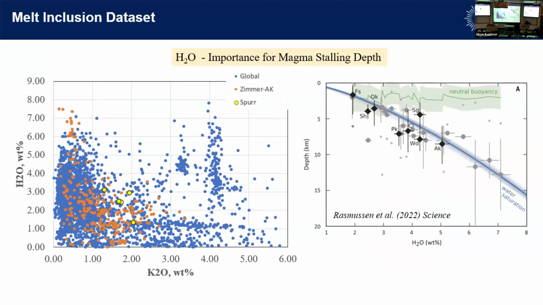Here's the Aleutians, huge variation in water from volcano to volcano. There's Mount Spurr.